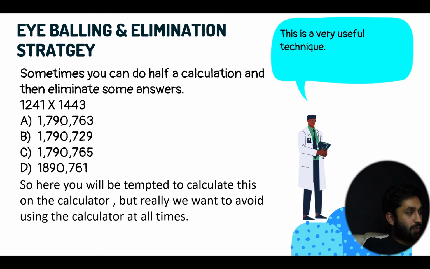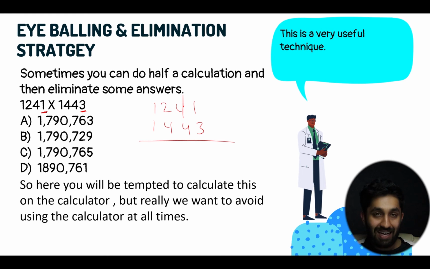So, how on earth do we eliminate some of the answers and get to a good logical answer? Firstly, we look at the last digit of each of the numbers. So in this case, it's 1 and 3. Let me just write this down. Now, if this wasn't timed and we had a pen and paper exam, we would usually do the column multiplication method.